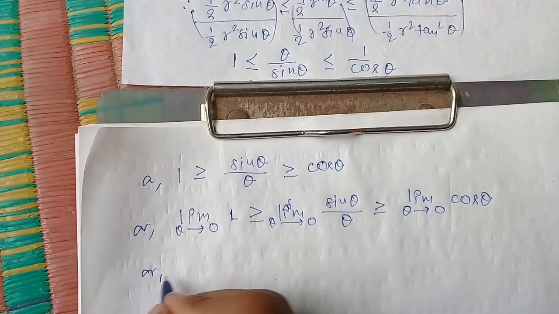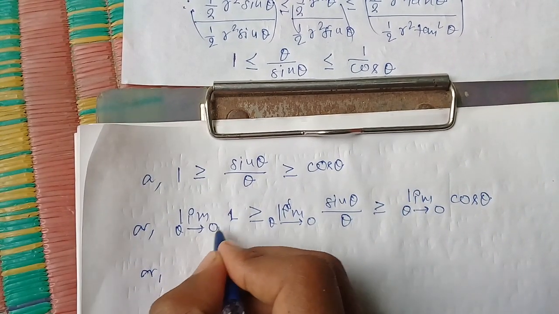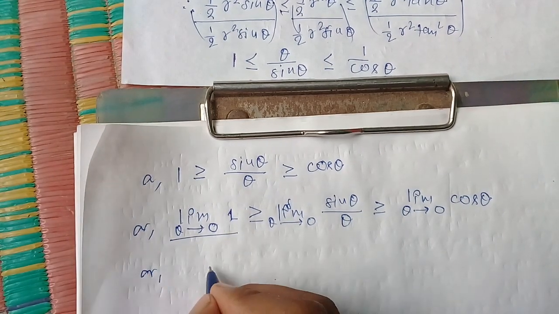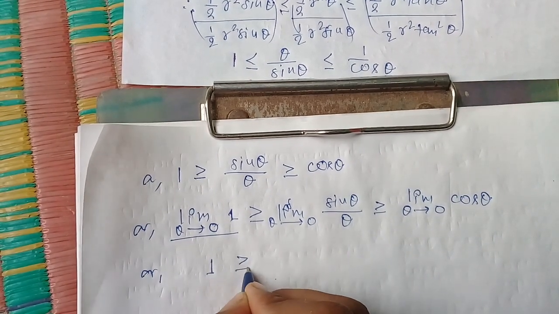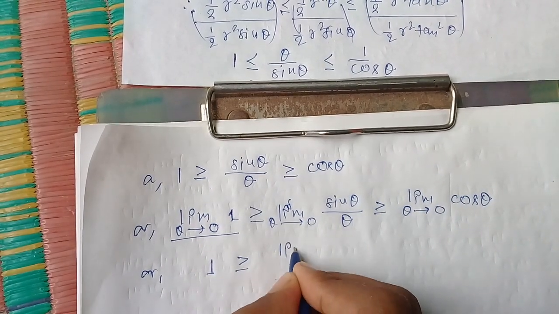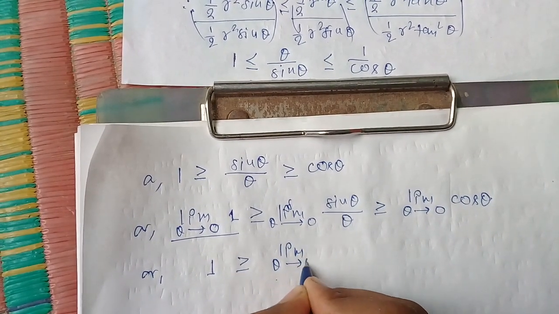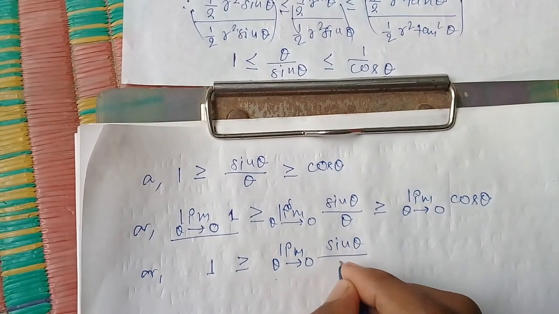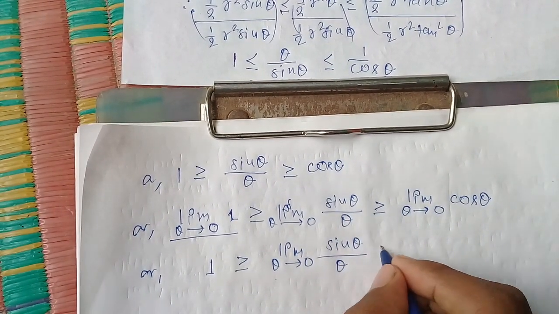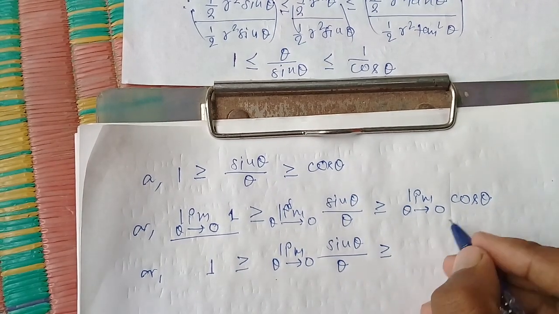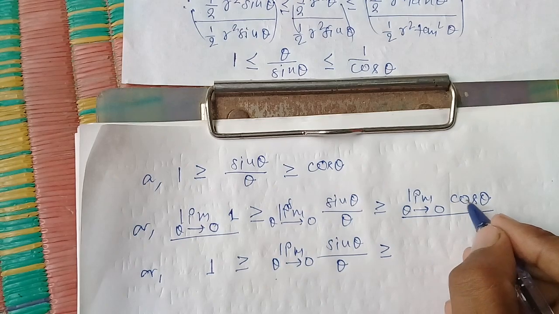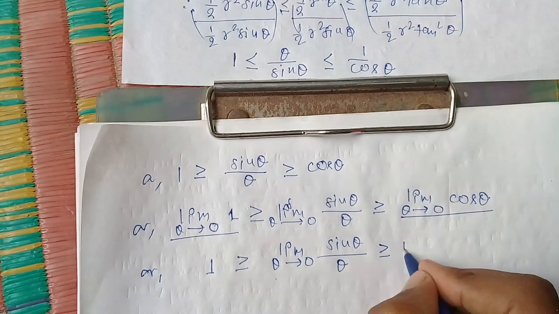Limiting value, so there is no variable, this will directly give 1. When the limit tends to 0, cos theta is 1.